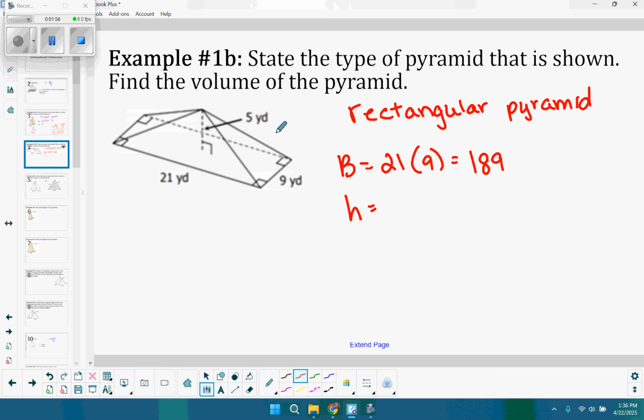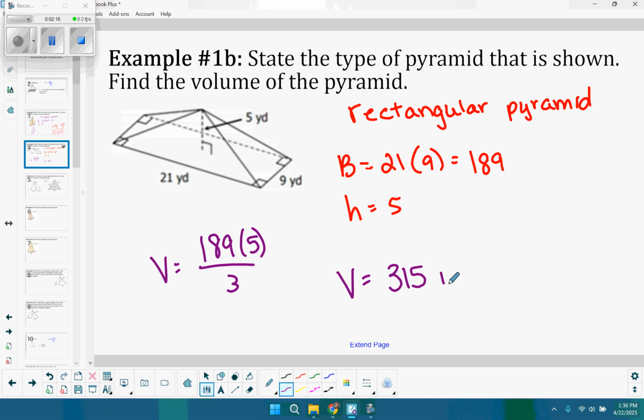My height is 5. That's how tall it is from the center of the base to that common point. So now we can do 189 times 5, all divided by 3. So my volume here is 315 cubic yards.